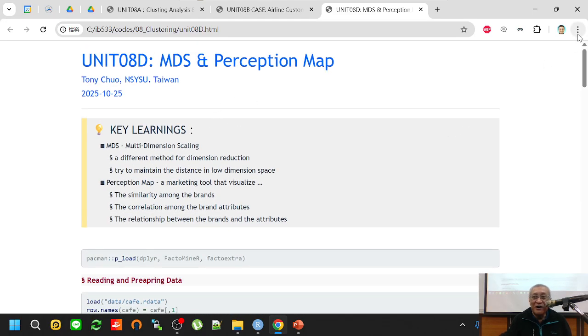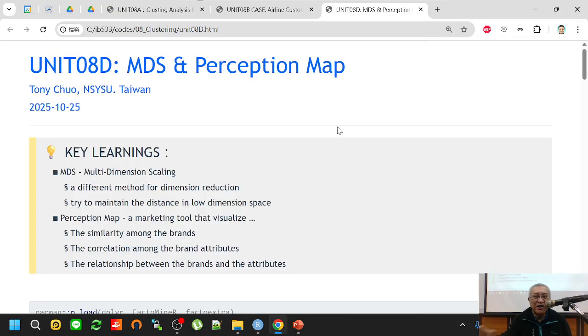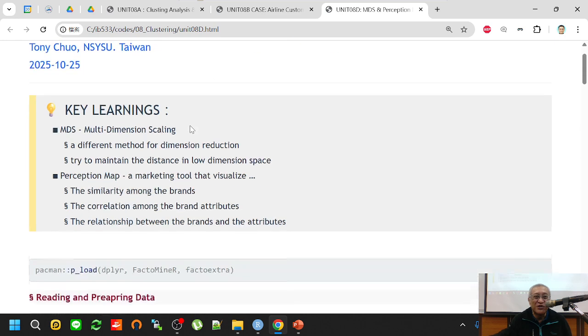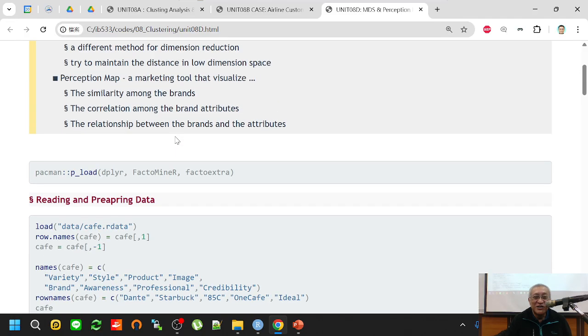Okay, and again, clustering and dimension reduction have a very long history, so there are a lot of different ways to do dimension reduction and do the clustering, right?